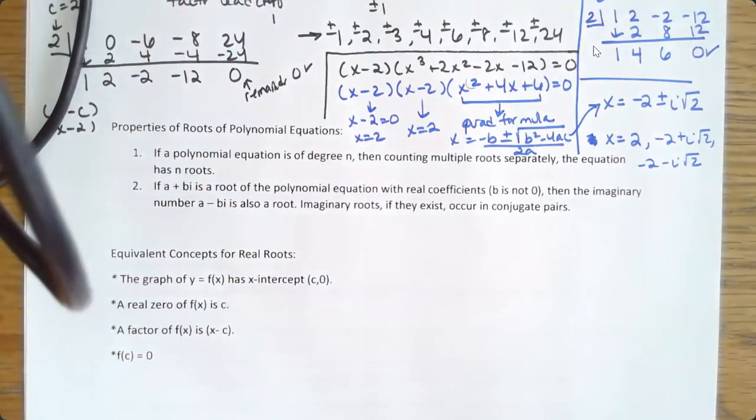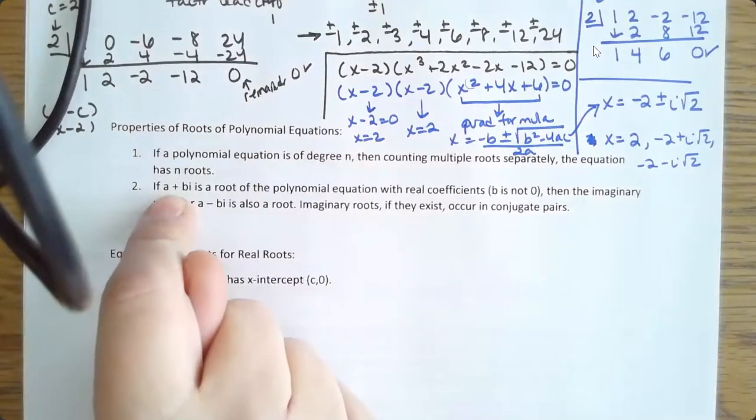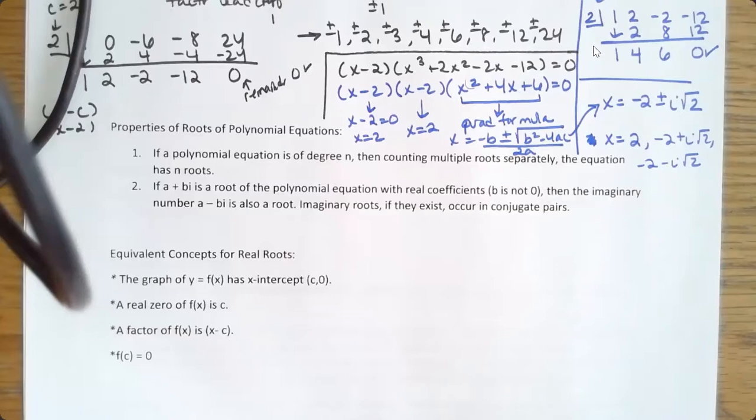It's really helpful because if you know some basic information about the polynomial, if you know the degree, like let's say your degree is 3, then you should be expecting 3 solutions. They could be real, they could be imaginary, they could be repeats too. If you know that one of your answers is imaginary, there is a second imaginary solution that goes with that. So you kind of have 2 solutions in one there. That makes it a little bit easier.